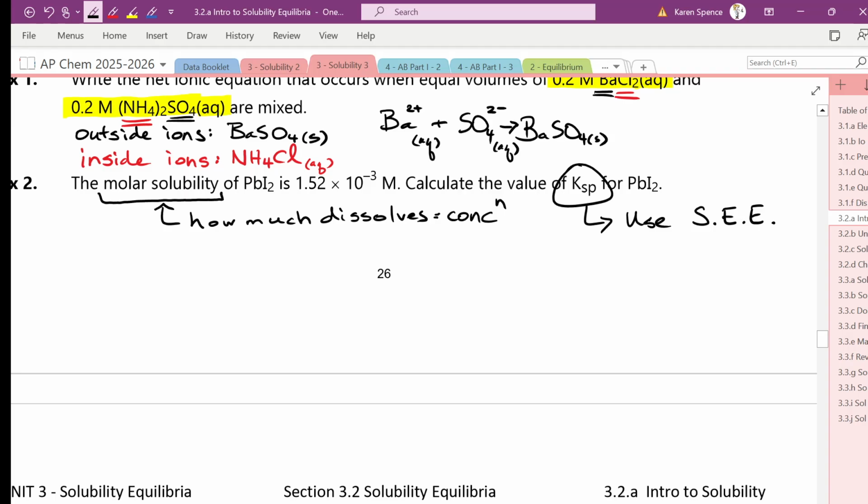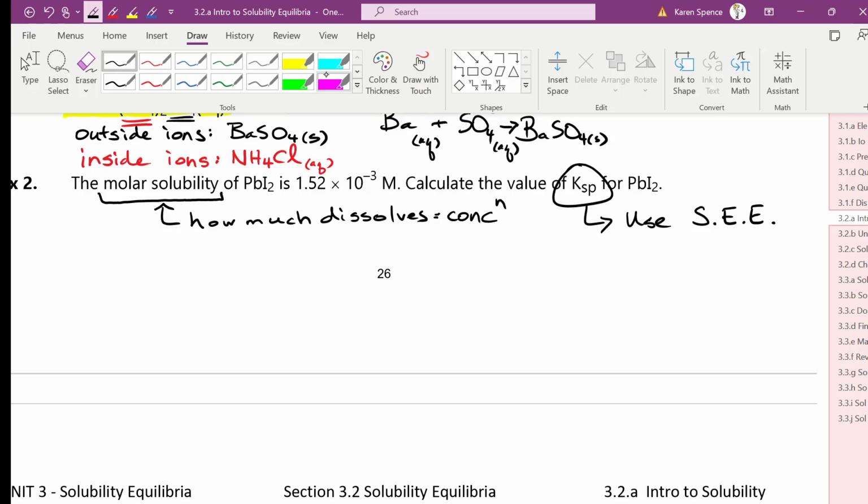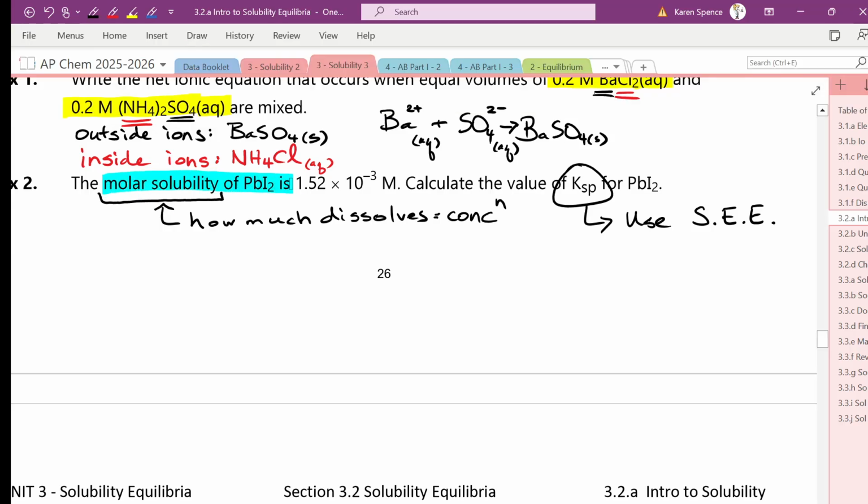So if I say the molar solubility of PbI2 is 1.52 times 10 to the minus 3 molar, I could rewrite that as the concentration of PbI2 is how much? 1.52 times 10 to the negative 3 molar. Yay! Is good? Excellent. Now, let's write our S.E.E.